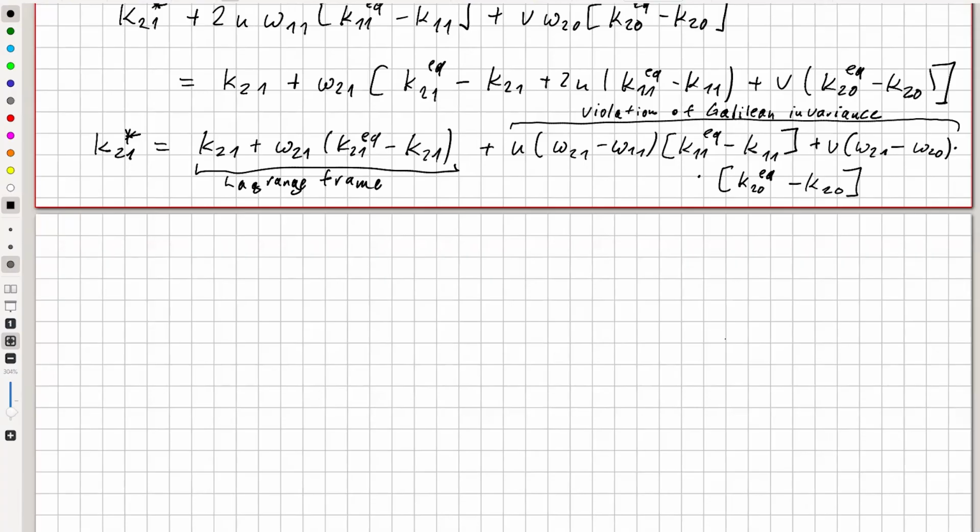So why is this in violation of Galilean invariance? Why is it important that there is a velocity in it? I mean, it's not important whether there's a velocity in it or not, because there could be a velocity in it.